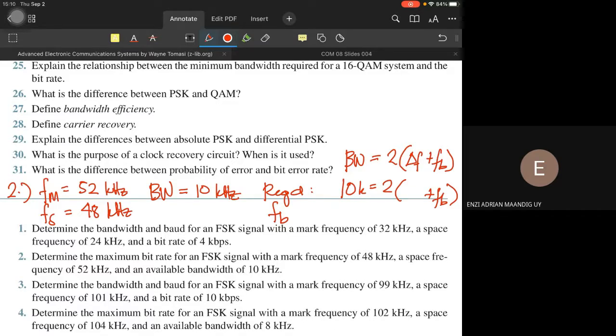So how much is delta F in this case? How much is delta F, guys? Four? It's 48 and 52. Isn't delta F the difference between the carrier and either FS or FM?